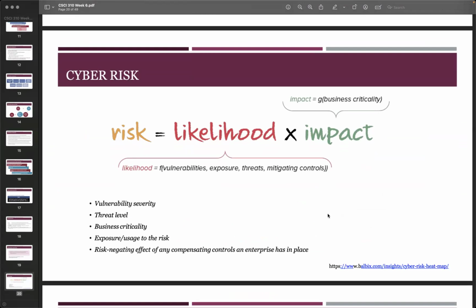Okay. And then we need to consider the vulnerability severity, threat level, business criticality, exposure, and usage to the risk, and the negative effect of any compensating controls the enterprise has in place. Most of them are in place, that means they exist right here.